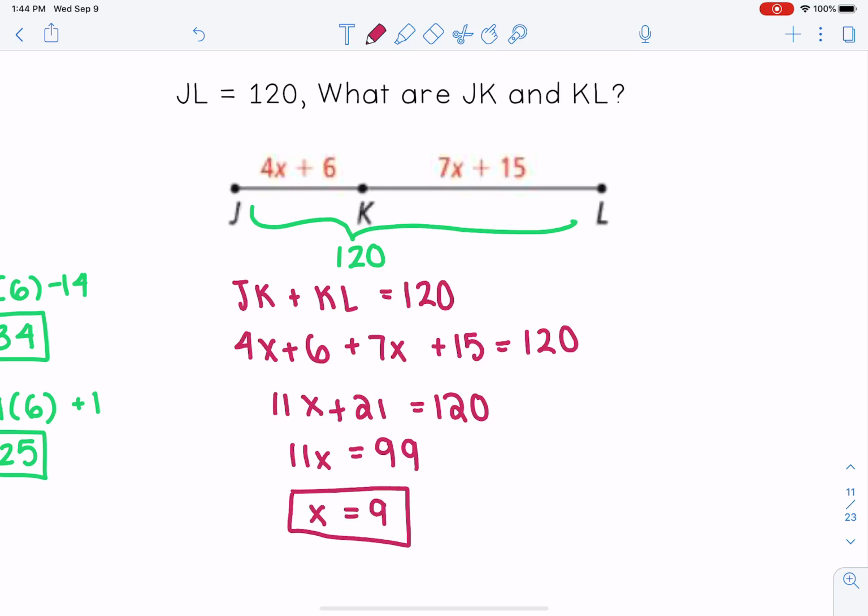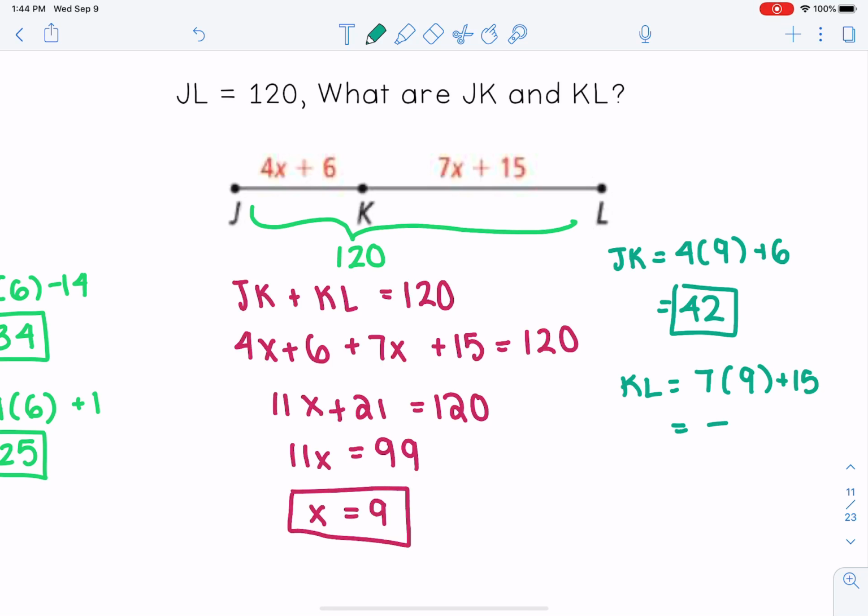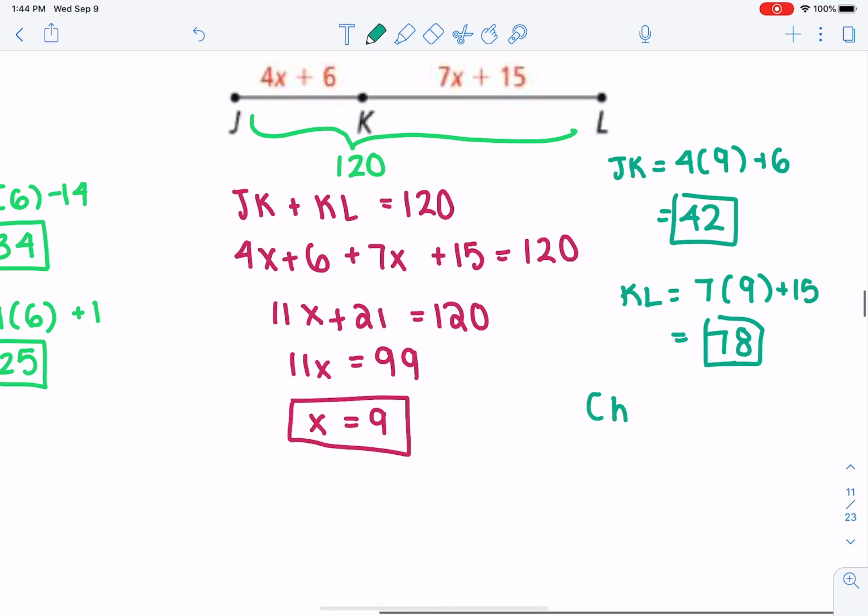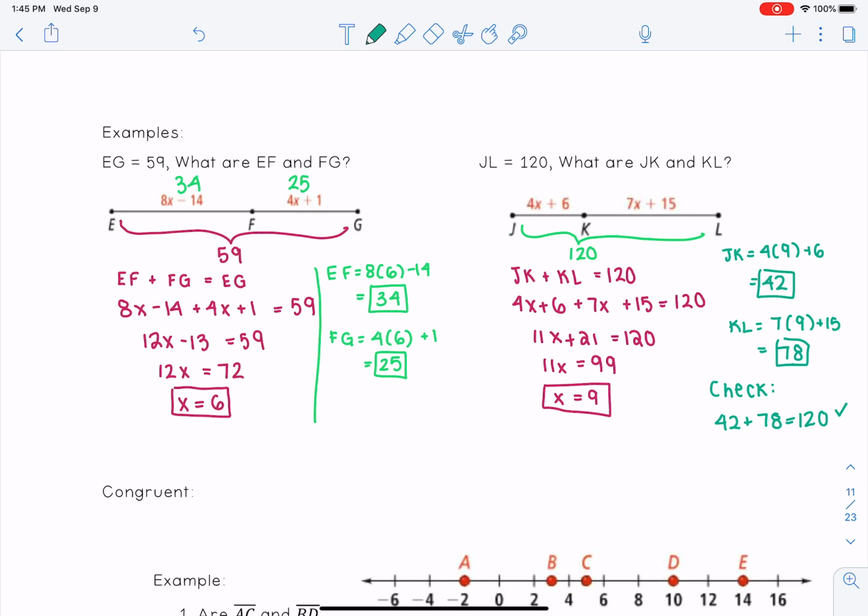And now I'm just going to plug back in. So for JK, that's 4 times 9 plus 6, which is 42. And KL is 7 times 9 plus 15, which is 78. And I can always check my answer by making sure 42 plus 78 is 120, and yes it is, so I know I did it right.